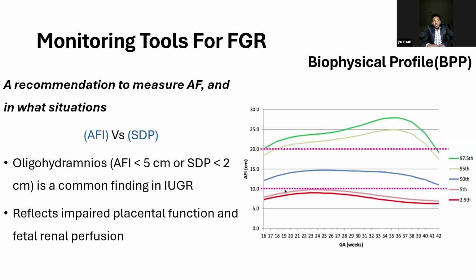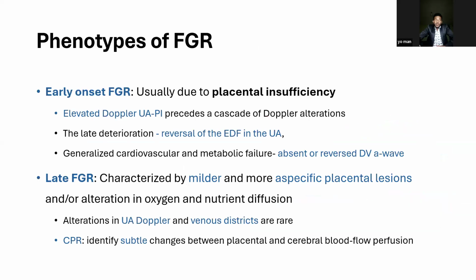The single deepest pocket is usually proposed for oligohydramnios. If the single deepest pocket is less than 2 centimeters in transverse and longitudinal direction, then that may be confounding in an FGR fetus, and you should assess if it is less than 5 centimeters for the given gestational age as indicated on the graph here. If there is oligohydramnios, it usually indicates impaired placental function or renal perfusion.